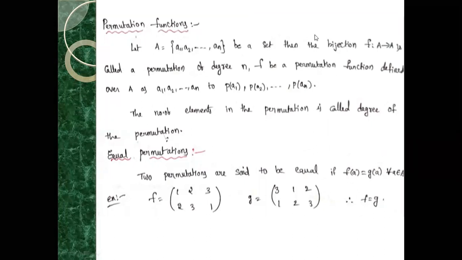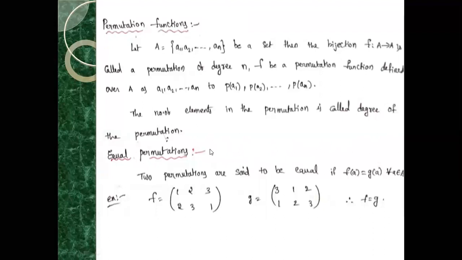Here P represents permutation: P of A1, P of A2 and so on P of An. The number of elements in the permutation is called the degree of the permutation.